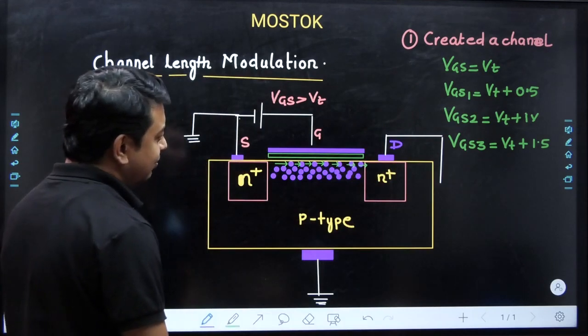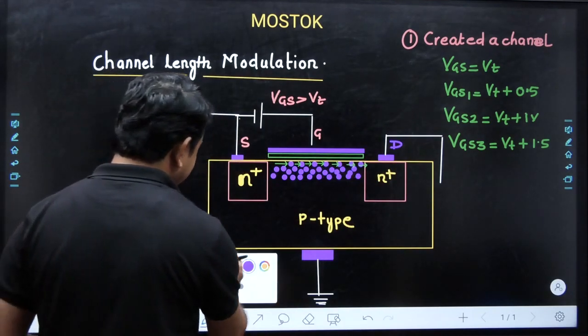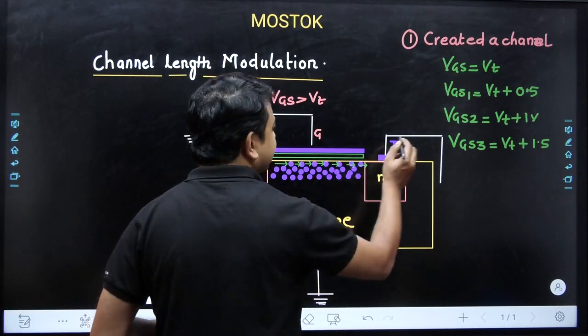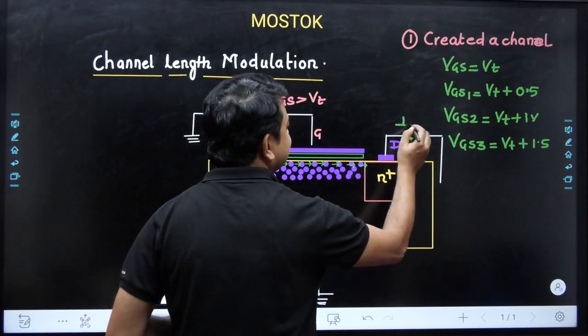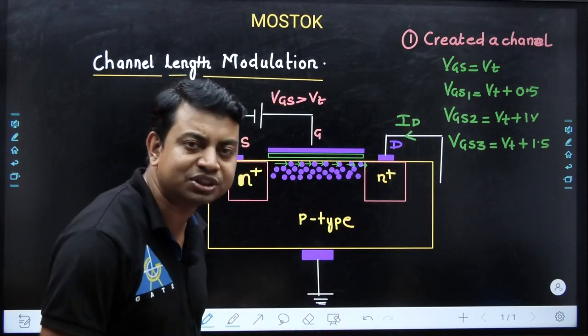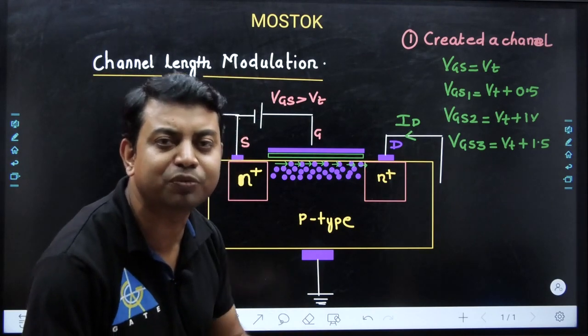What is our task? Our task is to create a current, to flow a current. Where does the current exist? The current should be in this direction. Why? Because we know the conventional current is always taken opposite to the direction of movement of electrons.